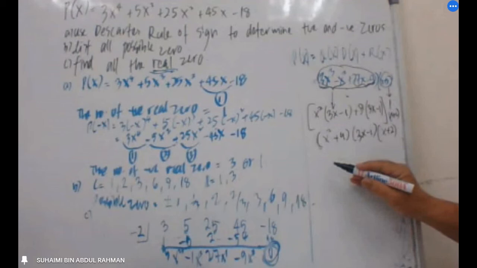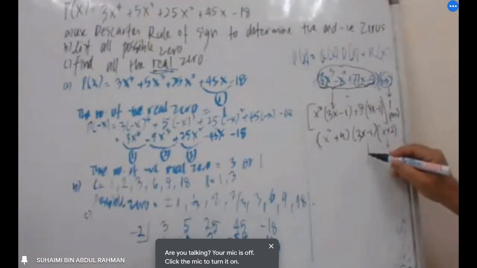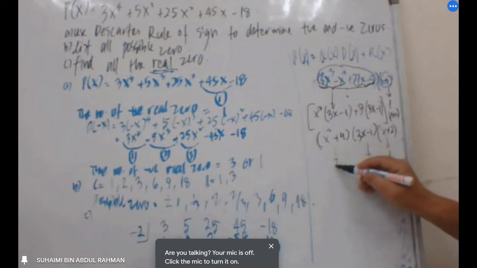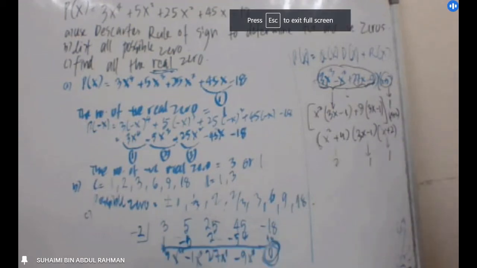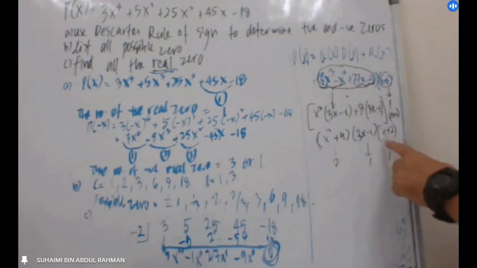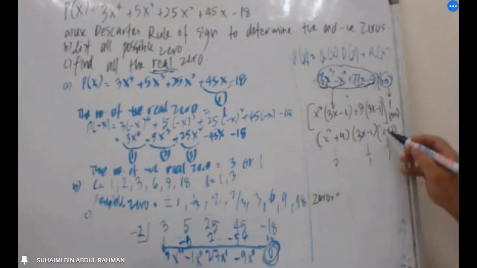And now we have 1 zero from here, 1 zero from here, 2 zeros from there. So 1 zero from here is minus 2.